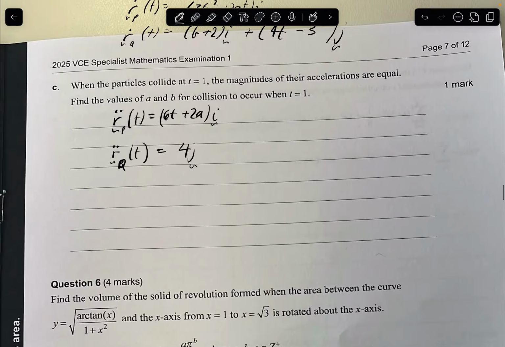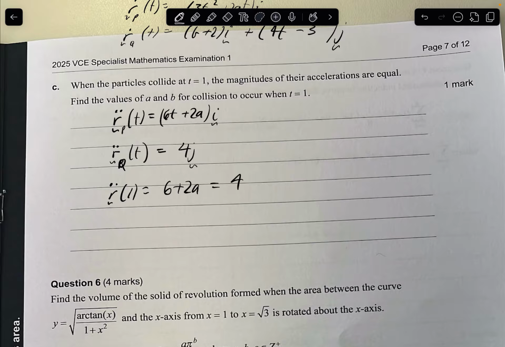And when t is 1, r double dot of p of 1 is equal to 6 plus 2a, and that should equal 4.